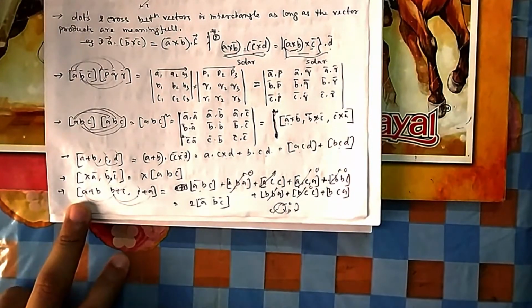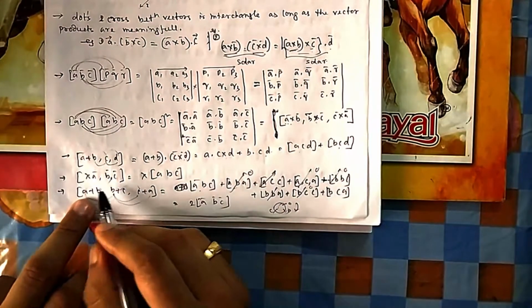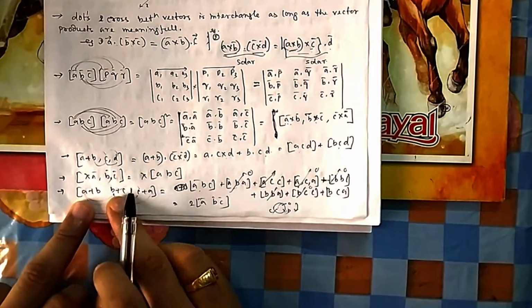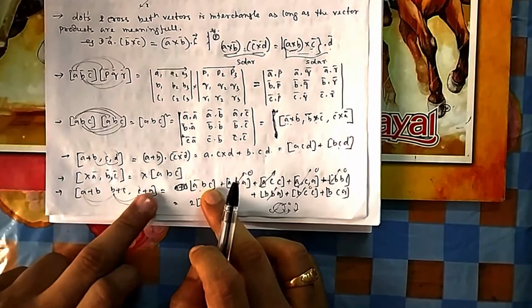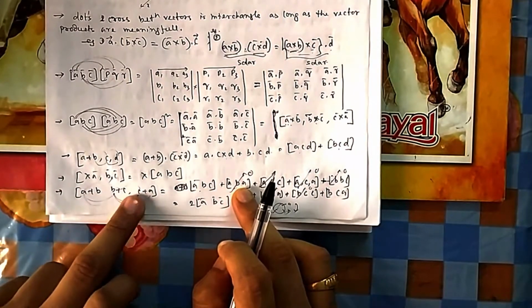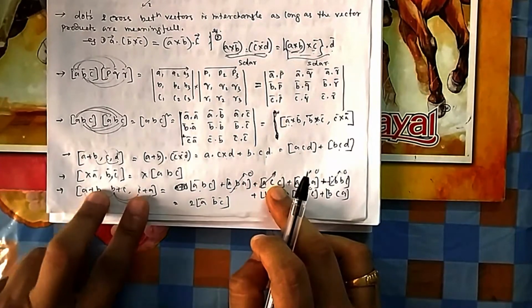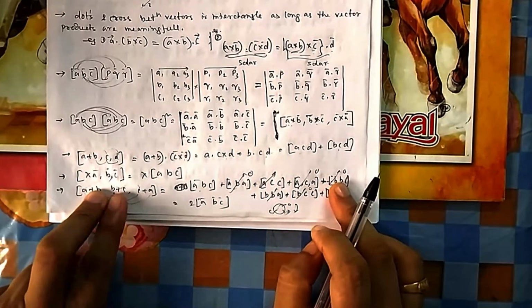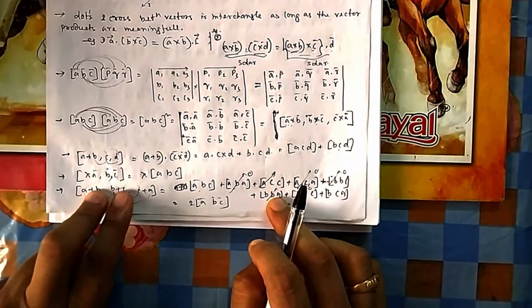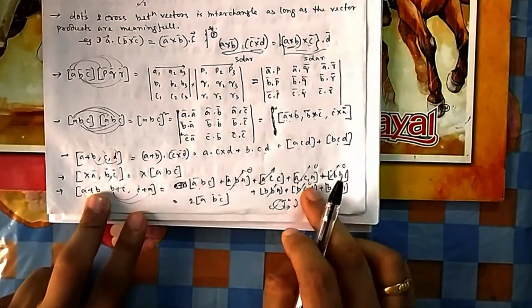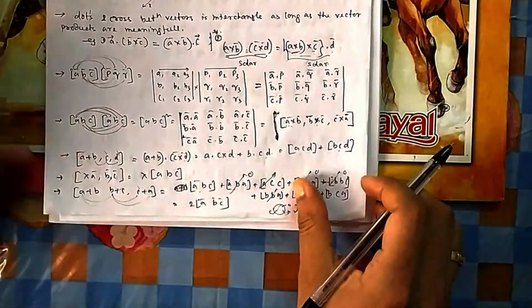So it is twice ABC. You can remember it, or you can split it: first one ABC, next ABA, next ACC, next ACA. So with A it is done. Now with B: BBC, BBA, BCC, then BCA. Those with repeated vectors will automatically be 0.